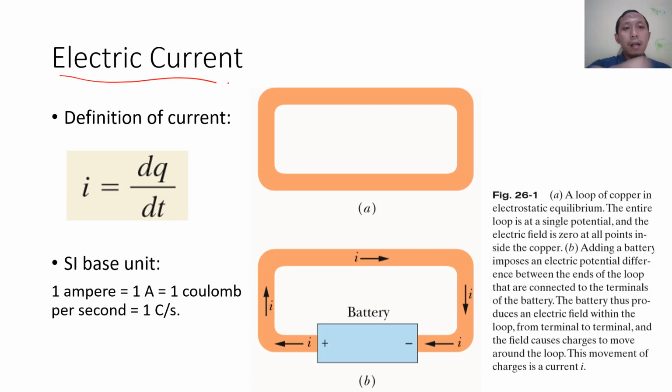So, the electric current, or simply we call it current, is dQ per dt. The Q is the amount of charge in a closed loop in a time unit.